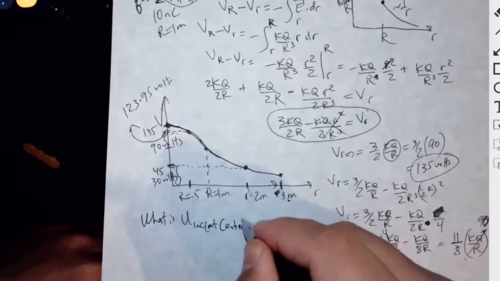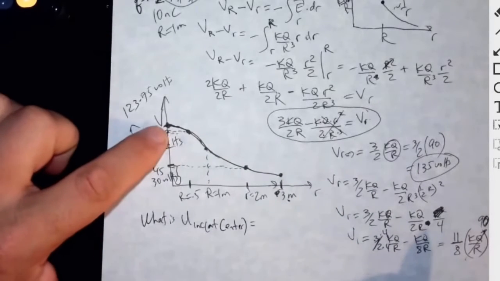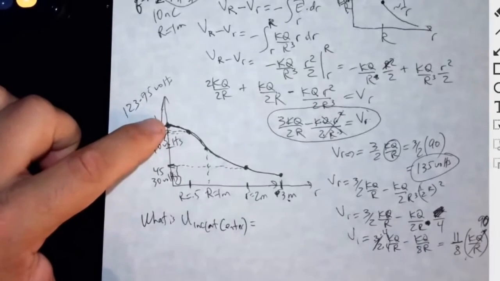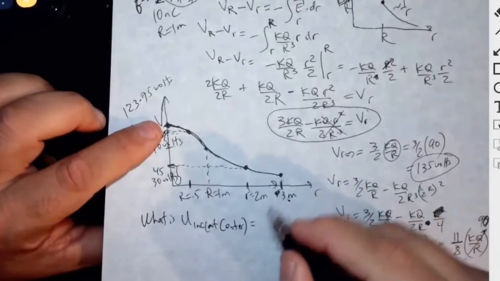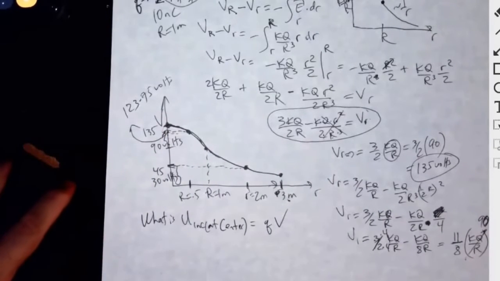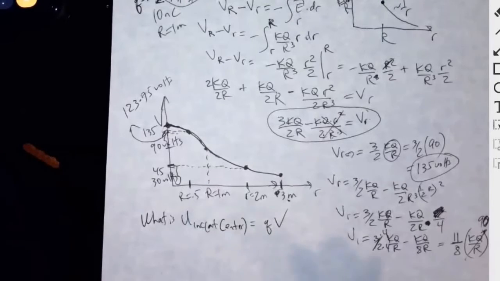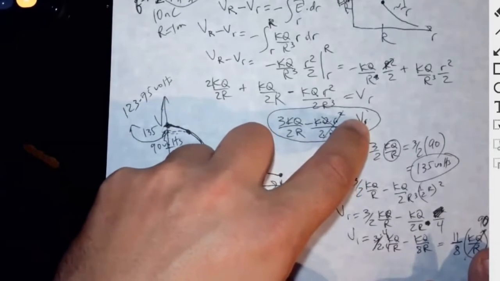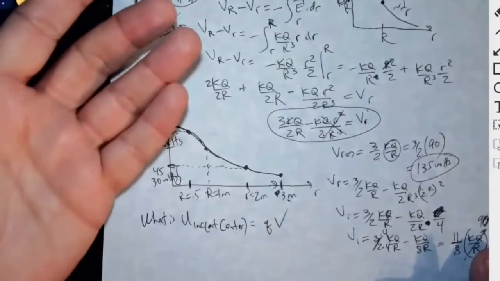So if I already know the voltage is 135 and you put a charge there, how do I calculate the potential energy? Just Q times V, right? So that's kind of literally why we're also finding voltage, because voltage is crucial to finding potential energy.